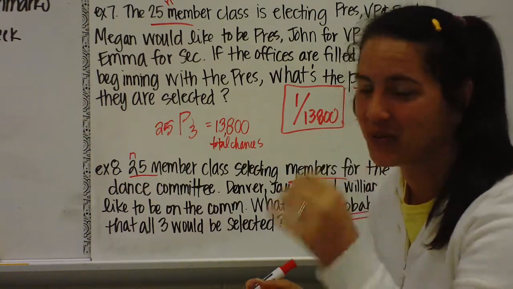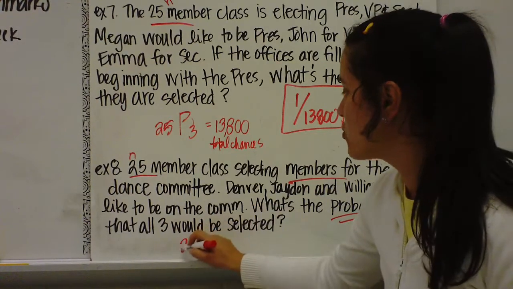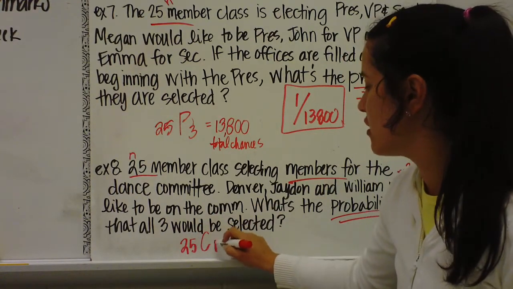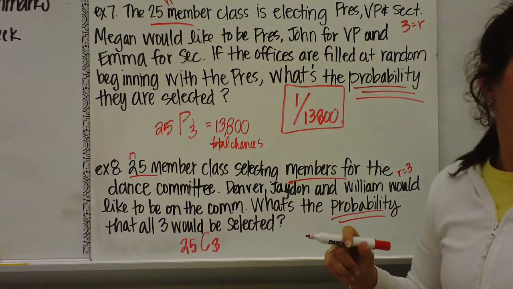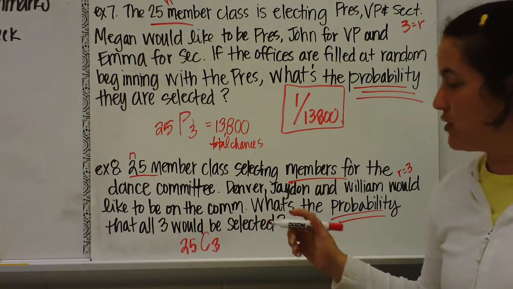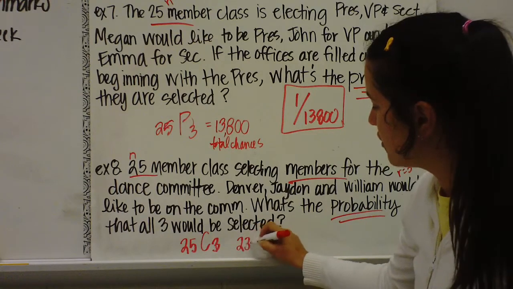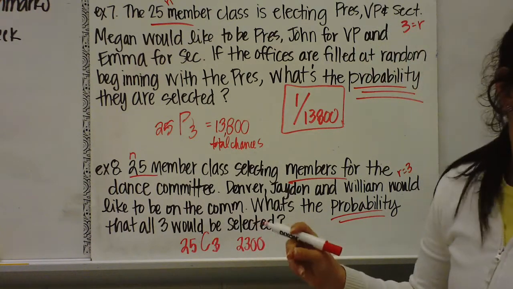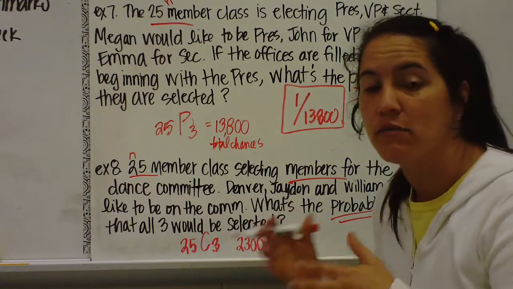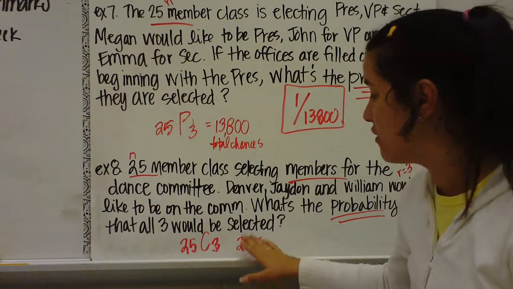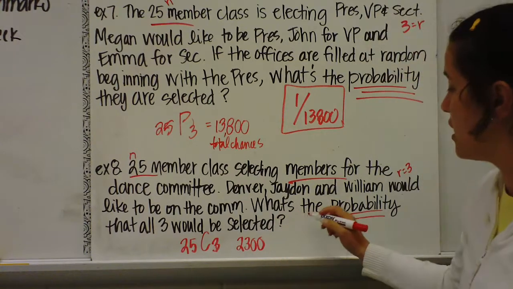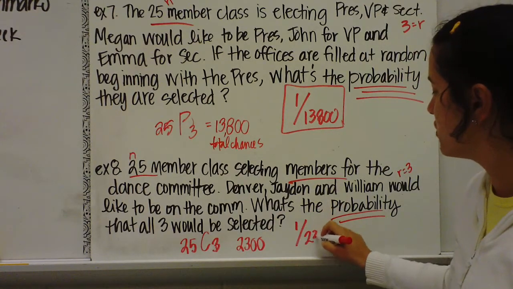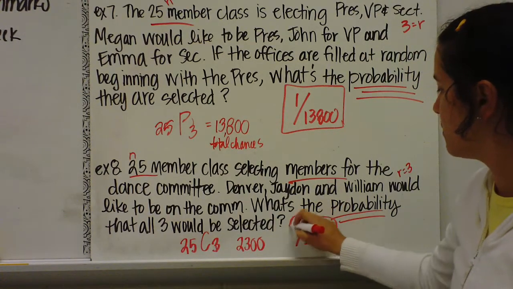It's kind of funny. Denver, Jaden, and William. So 25 combination 3, and that answer is 2,300. There are 2,300 different ways this committee would be formed, and out of that, the probability that these 3 boys would be on the committee is 1 out of 2,300.